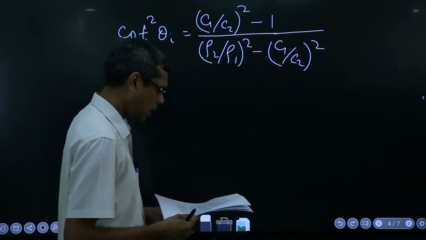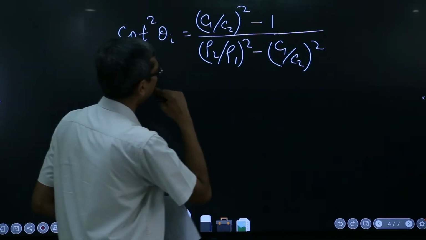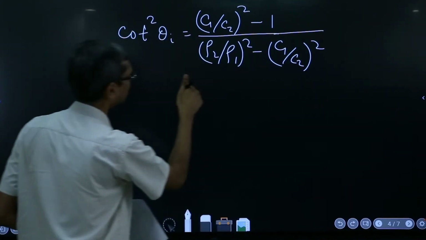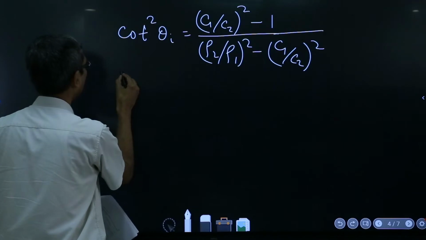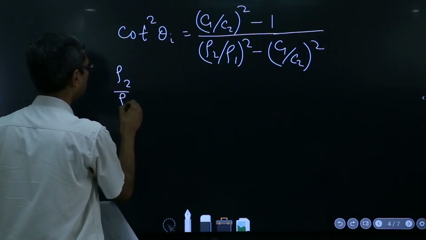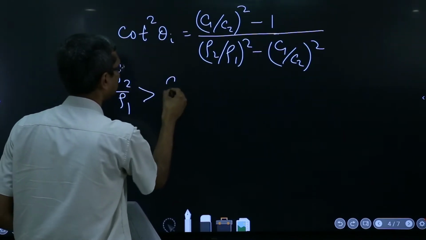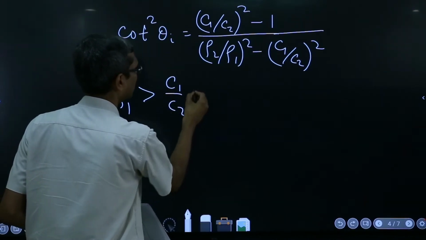Now you see there are two types of cases. One is rho 2 over rho 1 greater than C1 over C2 greater than 1.